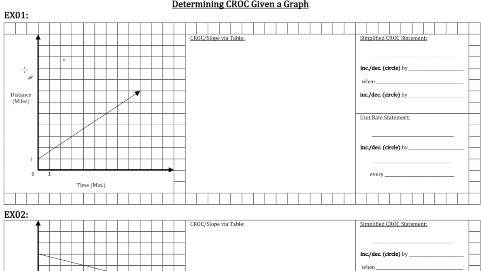So we have a graph. We're going to figure out what the constant rate of change is. So first, let's construct a table with time as our independent variable, distance as our dependent variable. And let's find some nice, remember these are all points, but let's find some nice integer values.